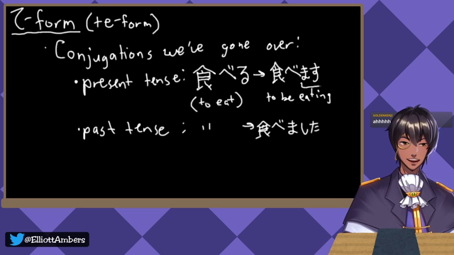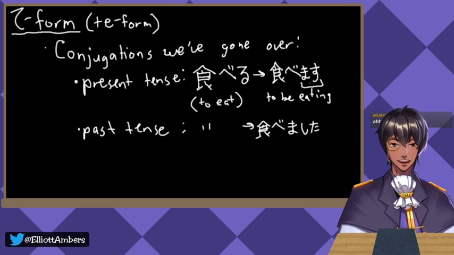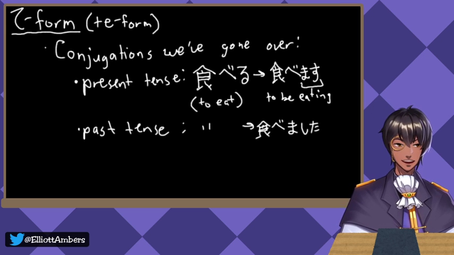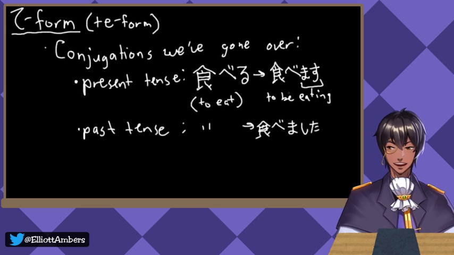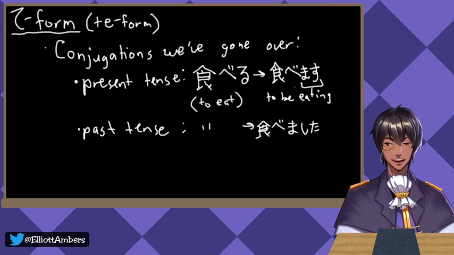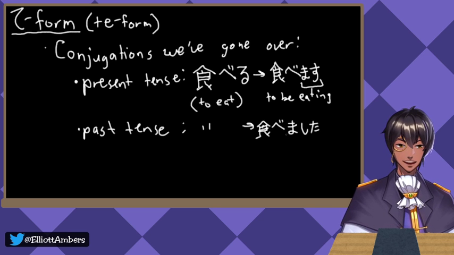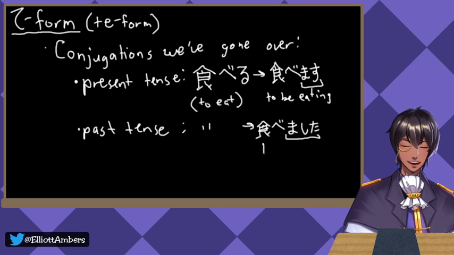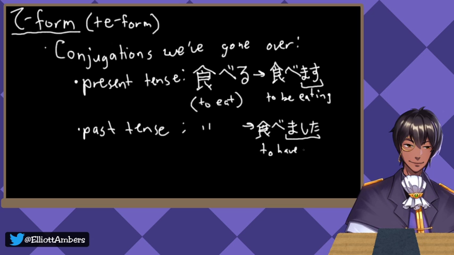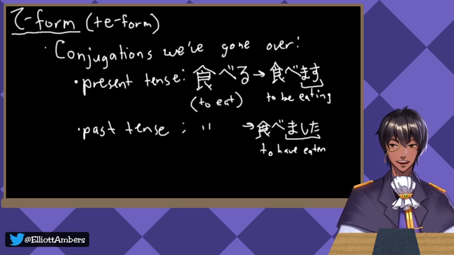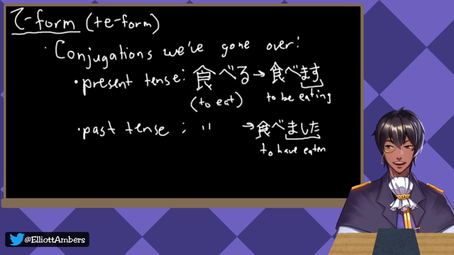Masu as an ending. When we say tabemasu, ikimasu, yomimasu, the masu ending is the present tense version of that ending to say that you are currently doing something. While mashita, to have eaten. So that's the main kind of verb conjugation we talked about so far.